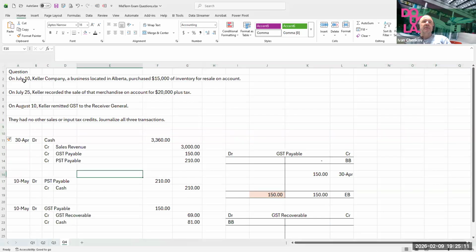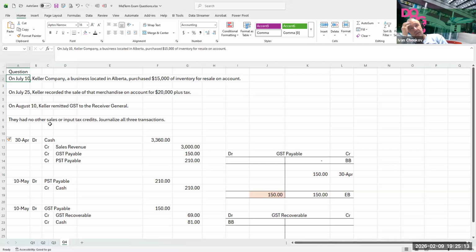So, this company on July 10, a business purchased 15,000 inventory for resale on account. They recorded sales on the merchandise on account 20,000 plus tax. On August 10, they remitted GST to the Receiver General. They have no other sales and input tax credits.